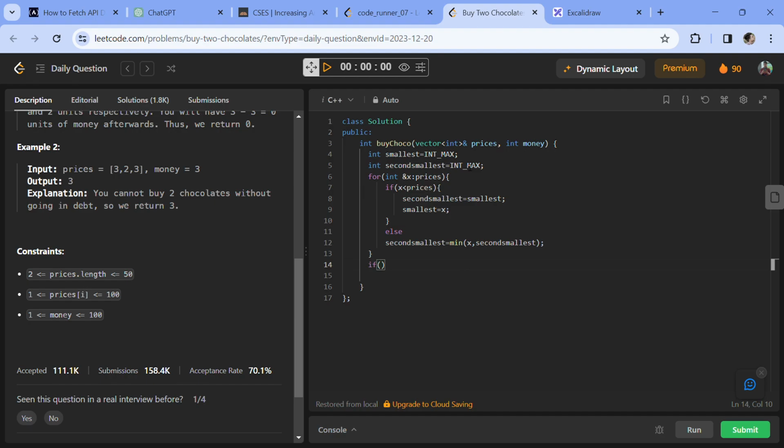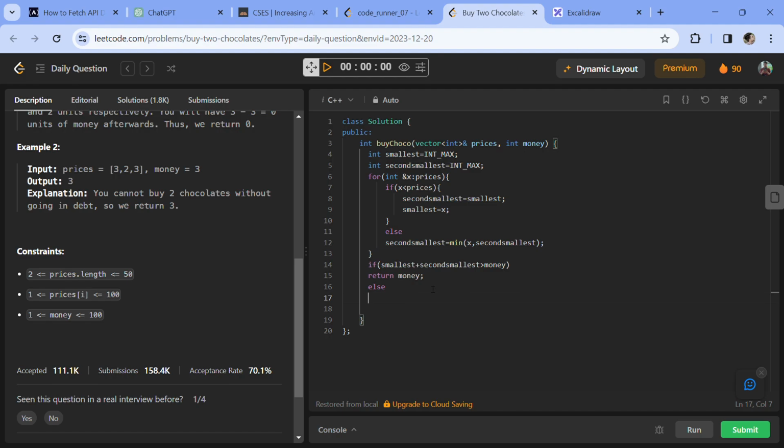So we check if the smallest plus second smallest is coming less than or equal to our given money, then we return money minus that. Actually, I directly reversed the condition: if the summation of the smallest and second smallest element is greater than money, we simply return money.